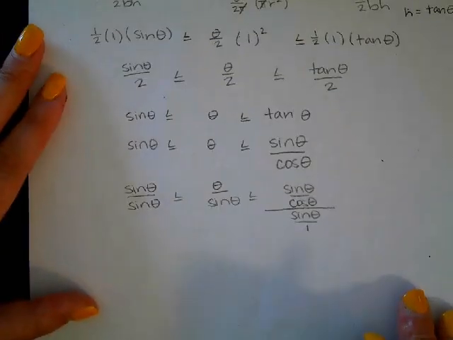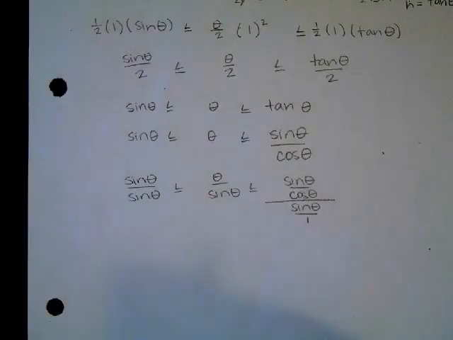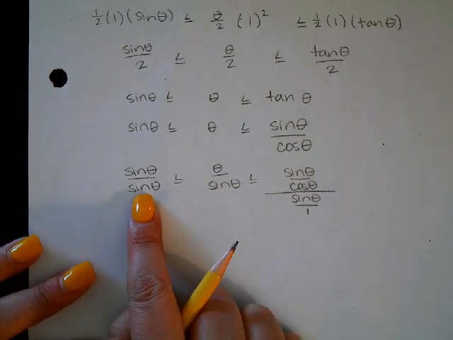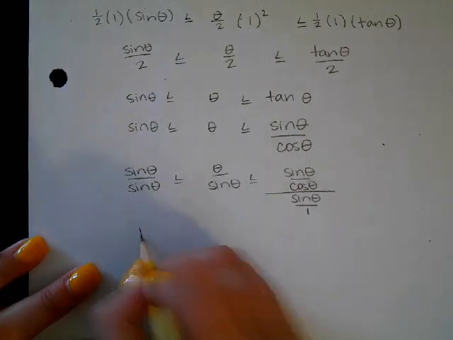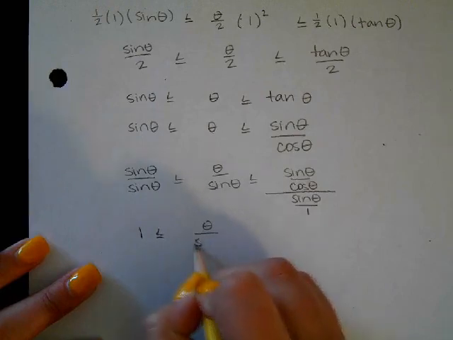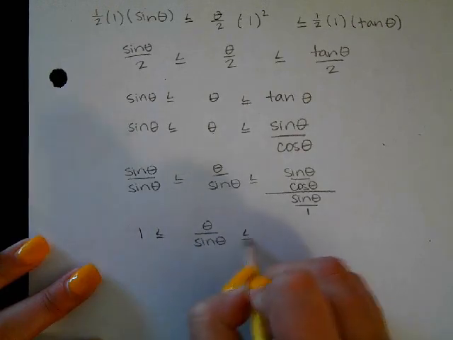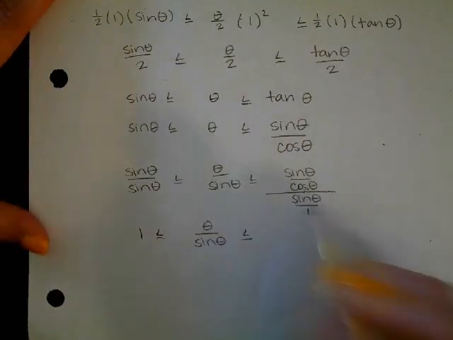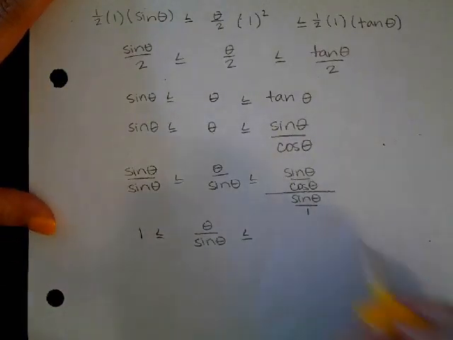Okay, so what do I have right here now? 1. The middle's not going to change yet. We're going to leave that. And then what should we do over here? Yeah, we're going to flip this up and multiply by it.